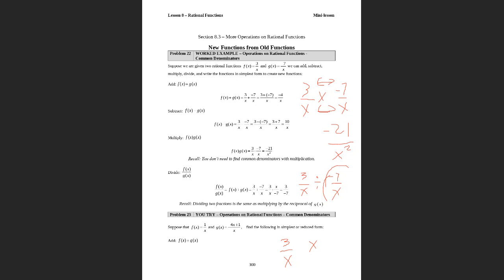So we're going to have x over negative 7. 3 times x is 3x, over negative 7x. So x will cancel x. So we have negative 3 over 7. But the negative is going to affect the whole thing, so you bring it on top. Negative 3 over 7.